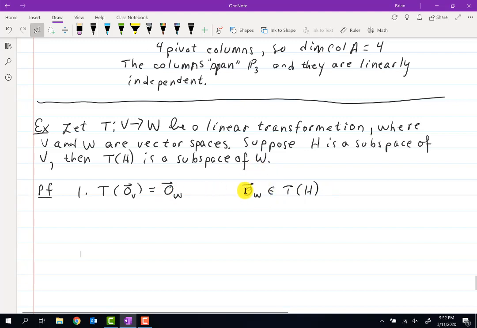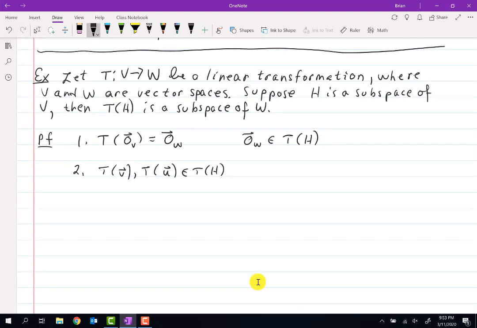That proves we have 0 in there. Now 2, I need to show that, let's suppose T of V and T of U are in T of H.